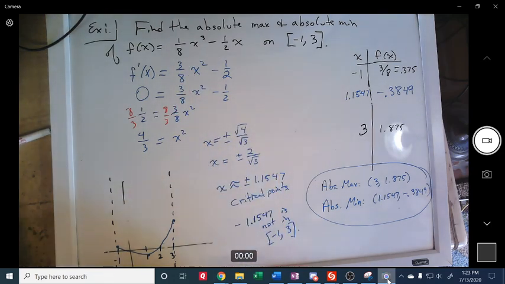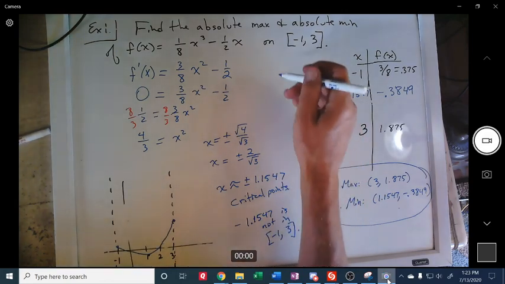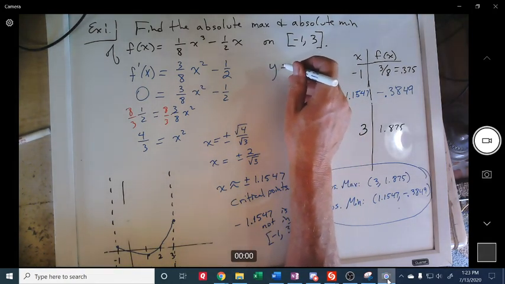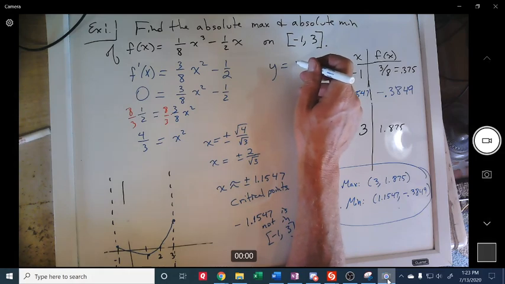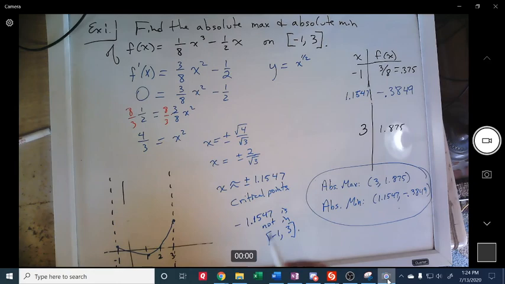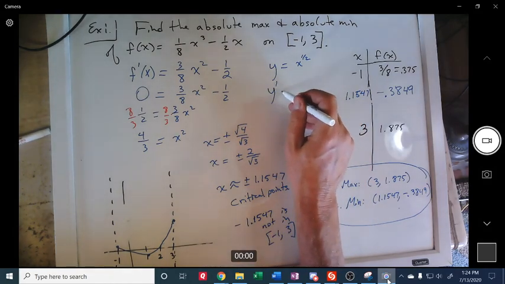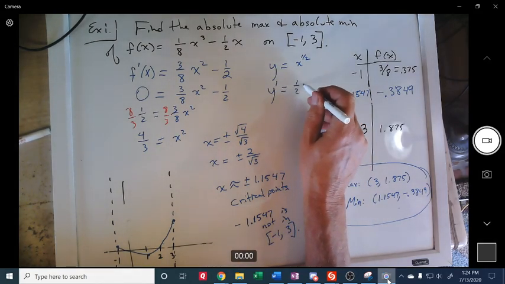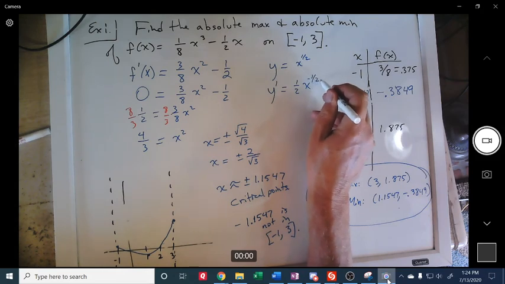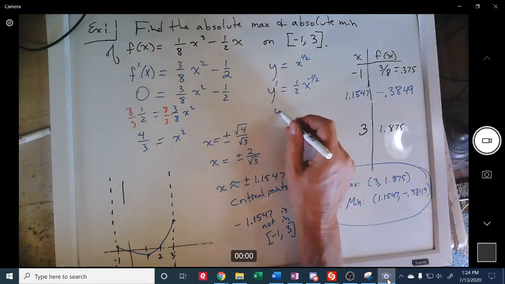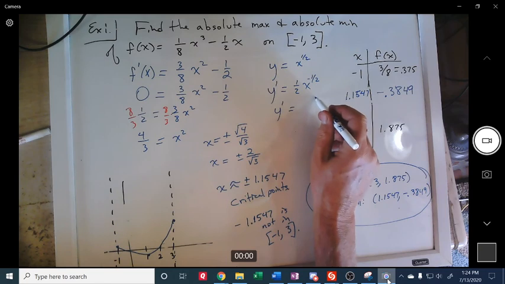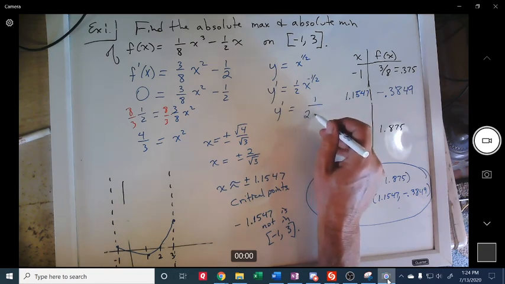Now, another thing can happen, and I have to mention it here: sometimes when you take the derivative, you'll get, for instance, if your function was the square root of x, what happens when you take its derivative? Now, this is the same as this.